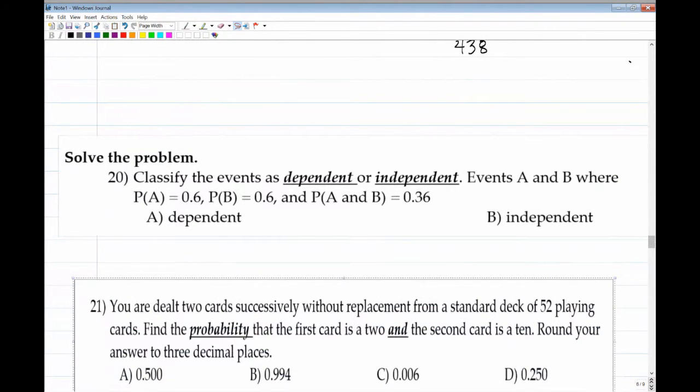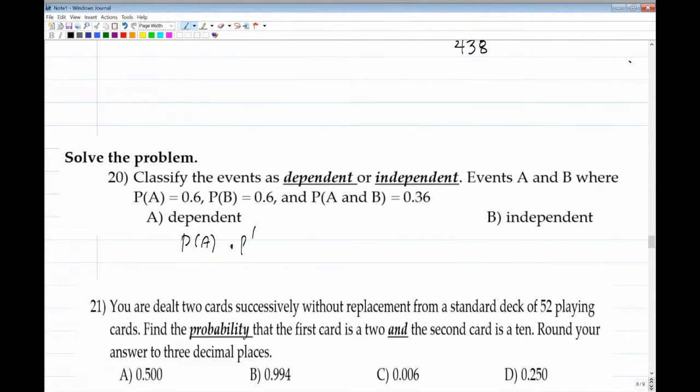Now we move on to independent and dependent. If you go back to the formula sheet, it says that if the probability of A times the probability of B is equal to the probability of A and B, then that's called independent.